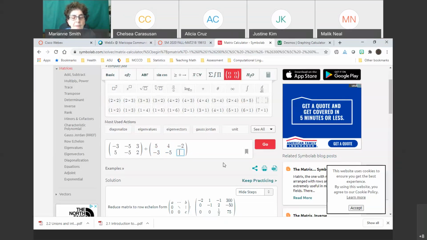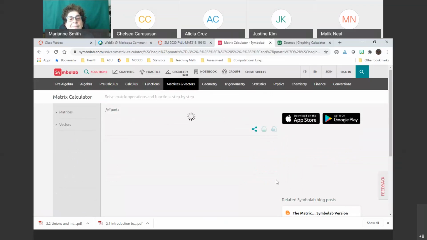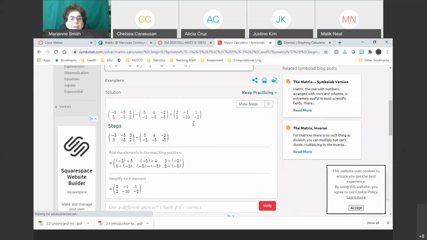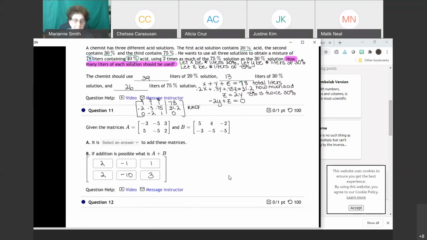Then say go. And here's your sum right here. Okay, so your sum is 2, -1, 1, 2, -10. Okay, everybody see the sum? Okay, so just use your plus sign and remember, copy the sum.